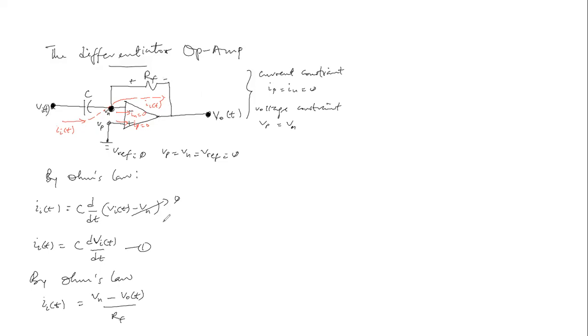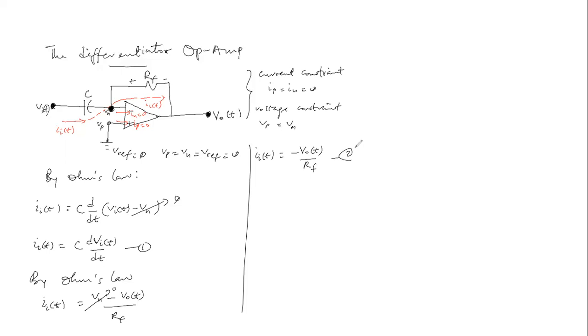And we already know that V sub n is 0 since it's grounded. So hence, I sub I of t will be the same as negative V naught of t divided by R sub f. So this will give us a second equation.